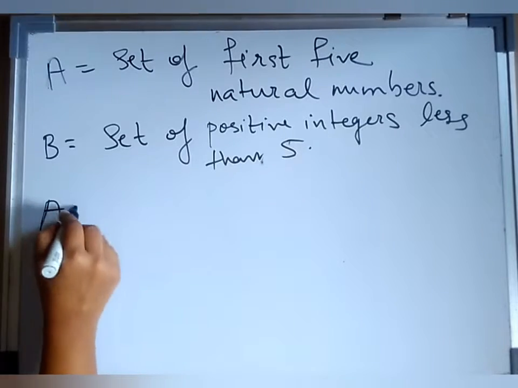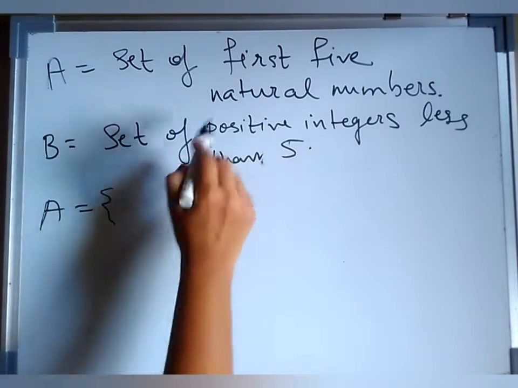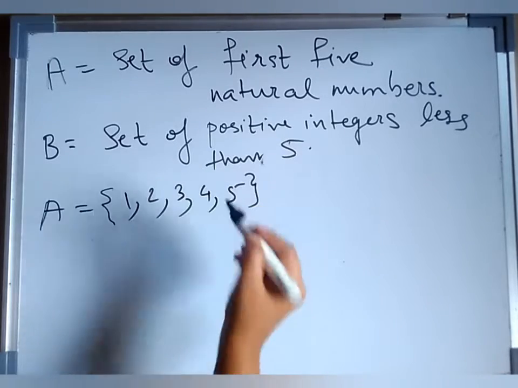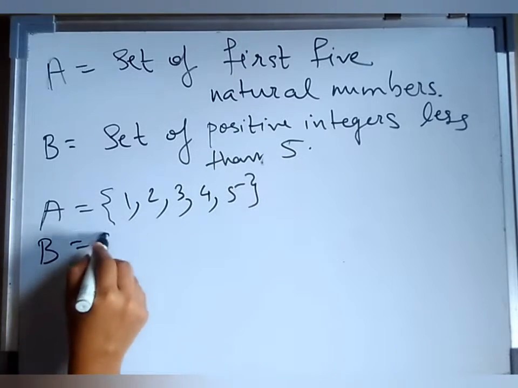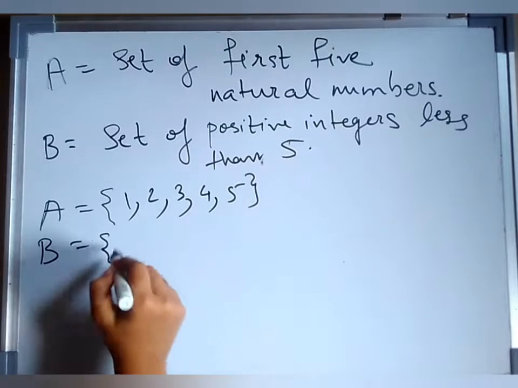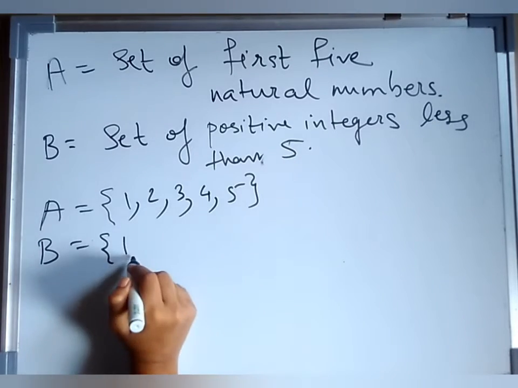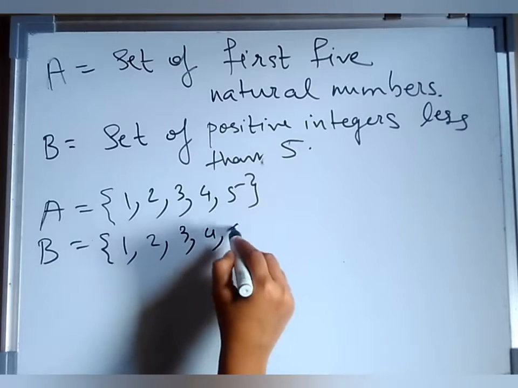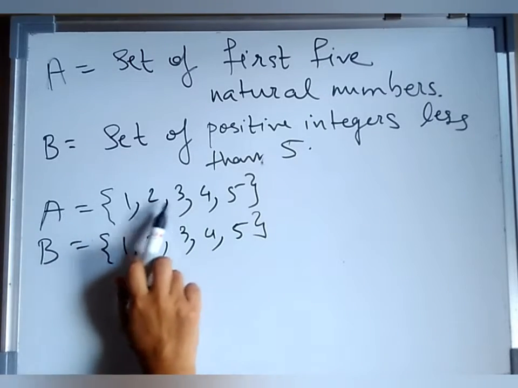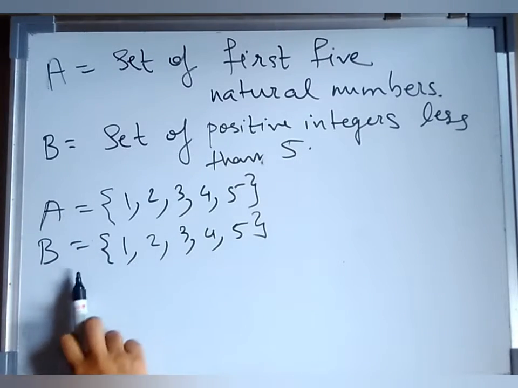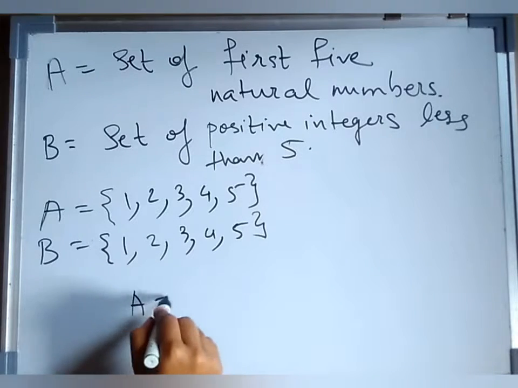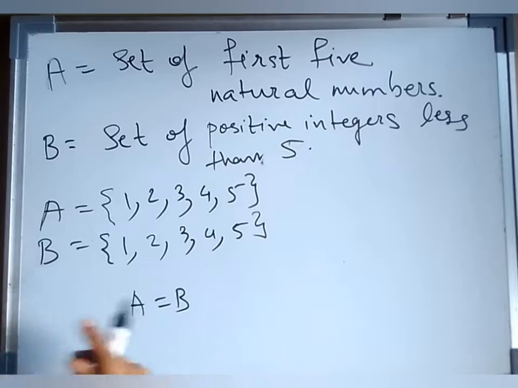So A is the set of first 5 natural numbers: 1, 2, 3, 4 and 5. And B is the set of positive integers, so again this will start with 1 and go up to less than 5. So again I will get the same set. If you observe, every element in A is in B and every element in B is also in A. So here too A is equal to B.